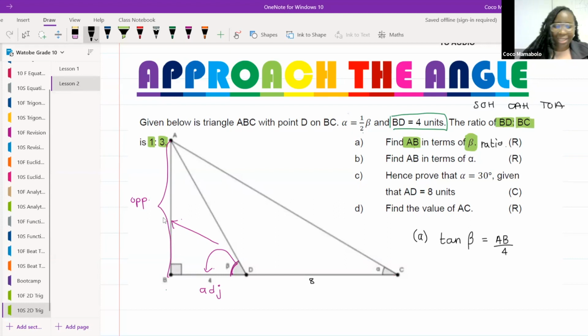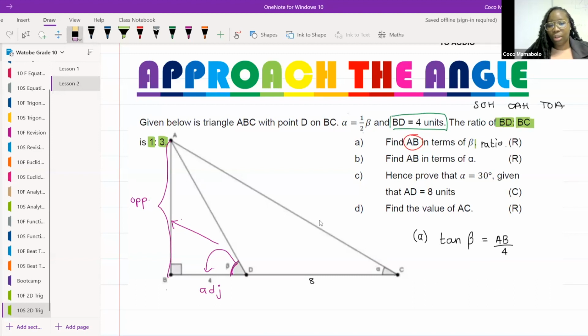All right. That's not what the question wants. The question wants me to give them the answer in terms of AB. So I need to change these things around. My final answer must be AB is equal to something.